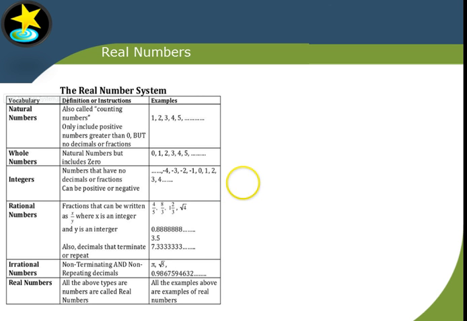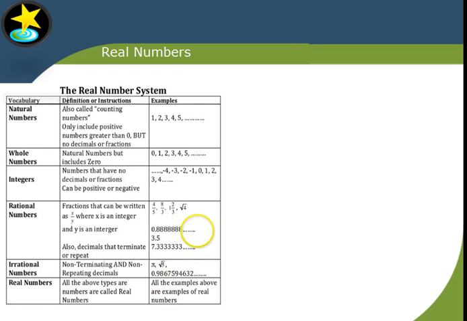The digit 8 repeats throughout. As long as we get a decimal that either terminates or repeats, it will be a rational number. If you check another example, 3.5, you see that this is a decimal value which terminates after the first digit of the decimal.